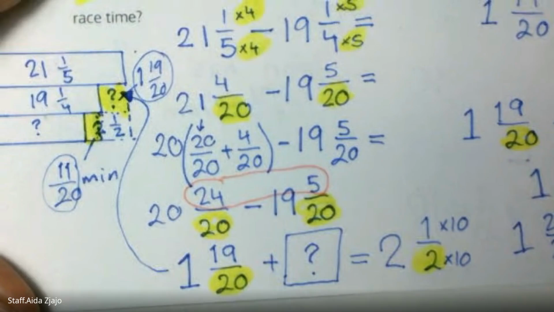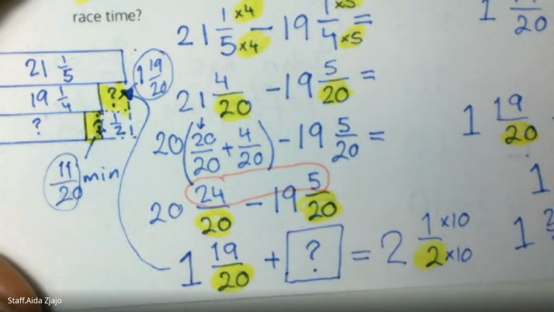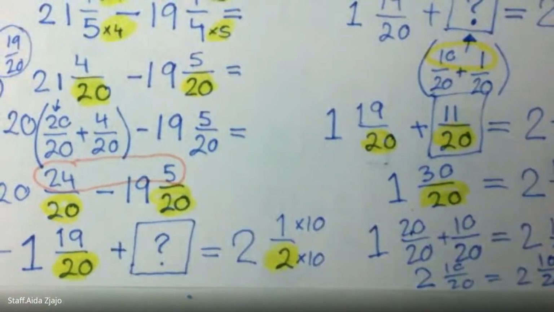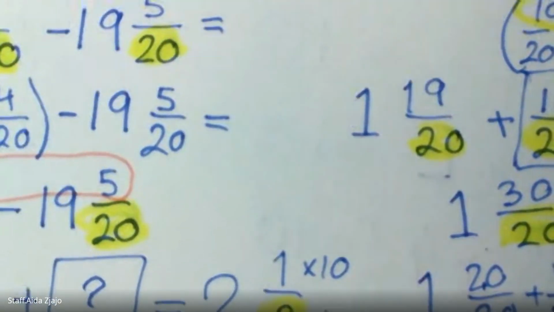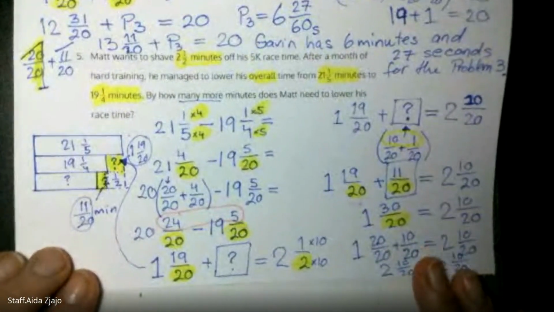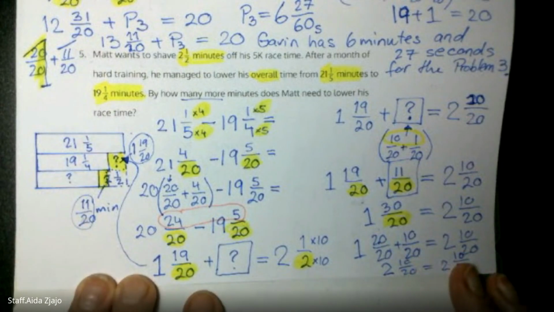That was his goal, to have the best time for the 5K race. So this was number 5 in that problem set.